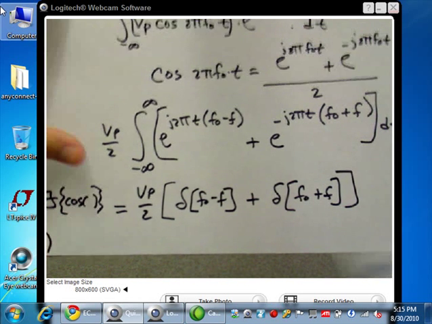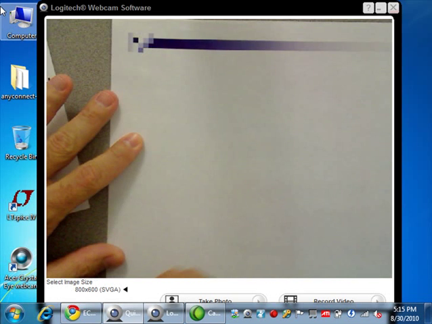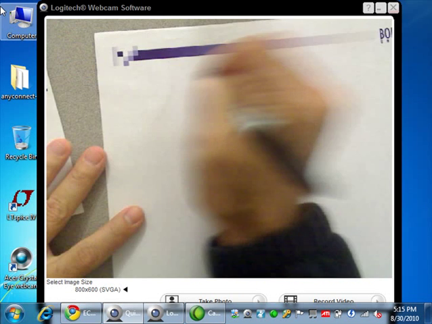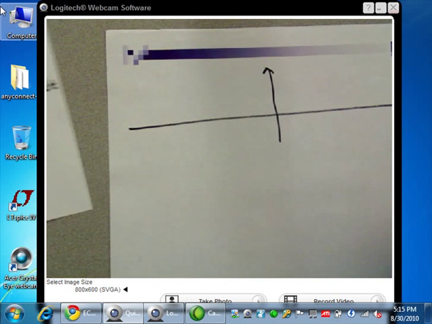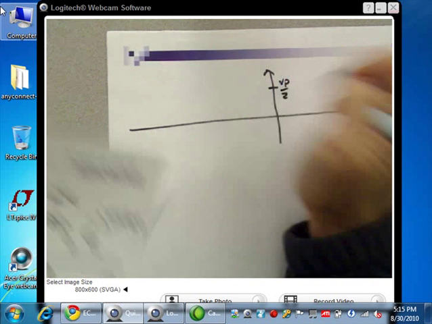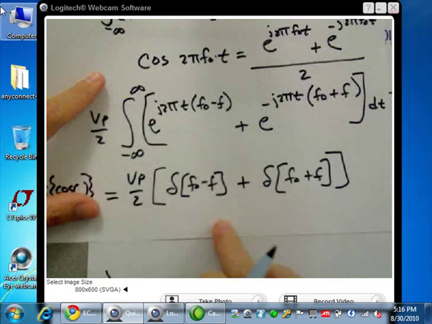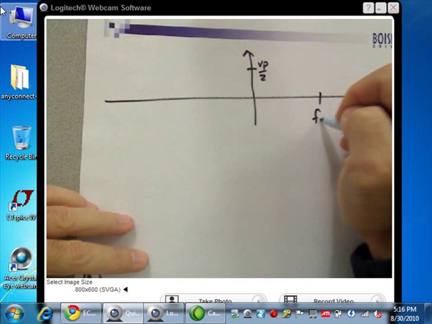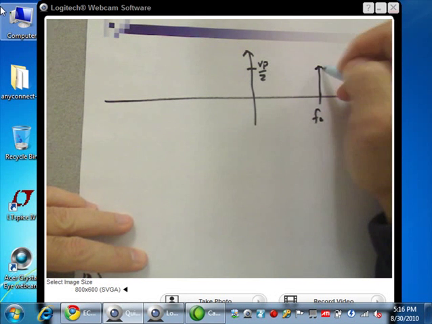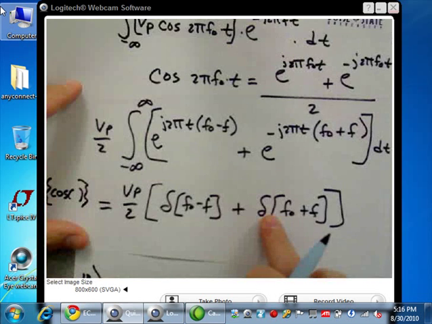So if I plot it, I get, let's go Vp over 2. If I look at that, this term goes to 0 when f is equal to what? F0. So we go up here to F0, go up to Vp over 2, and this term goes to 0.